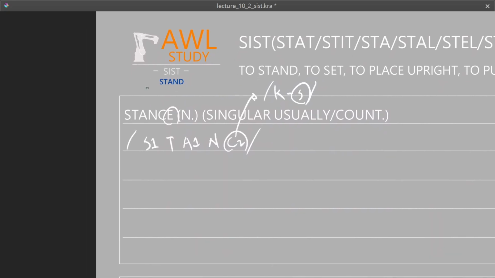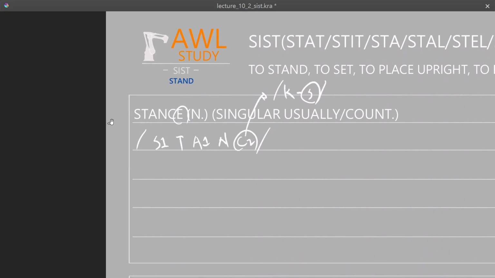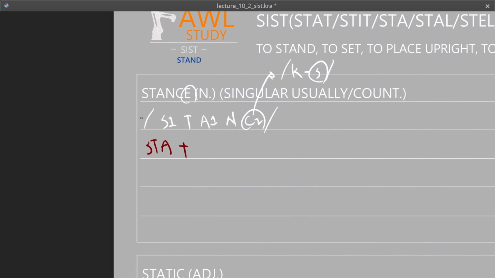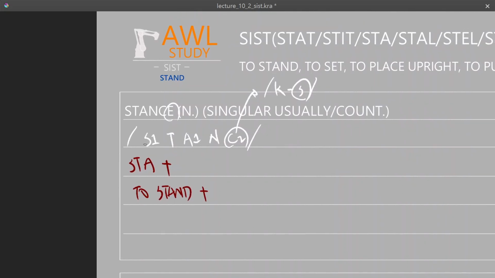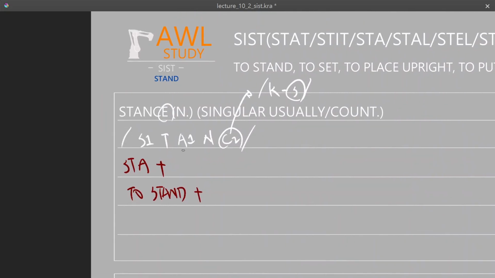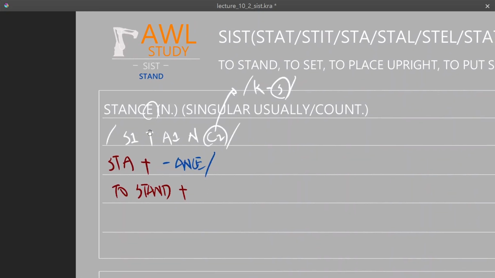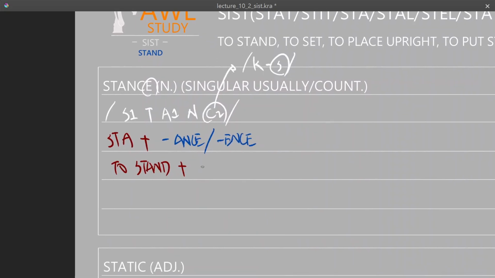Alright, stance. In this case, we have the root stay, meaning to stand, and the noun suffix ends, or its variance ends, meaning condition.